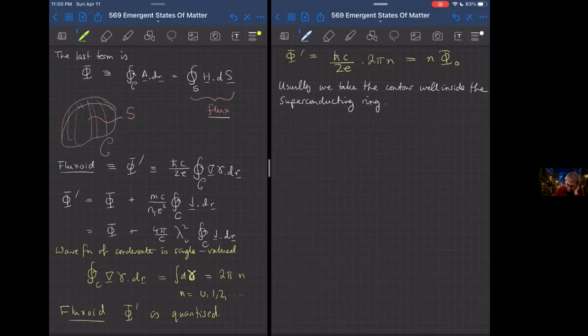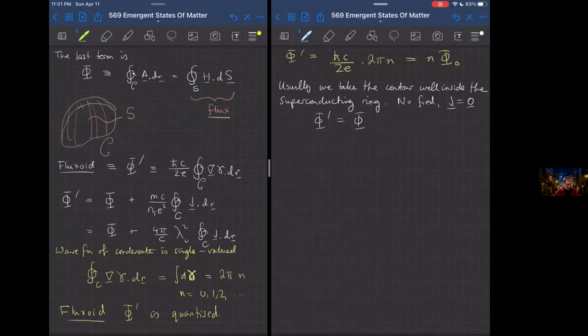And so that means then there's no field there, and therefore J is equal to 0. And so then the flux and the fluxoid are the same, and so that's why people often talk about the flux being the thing that is quantized.